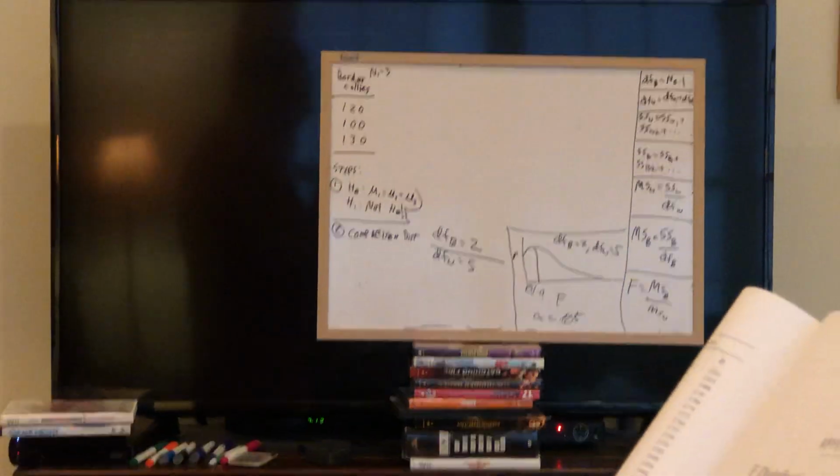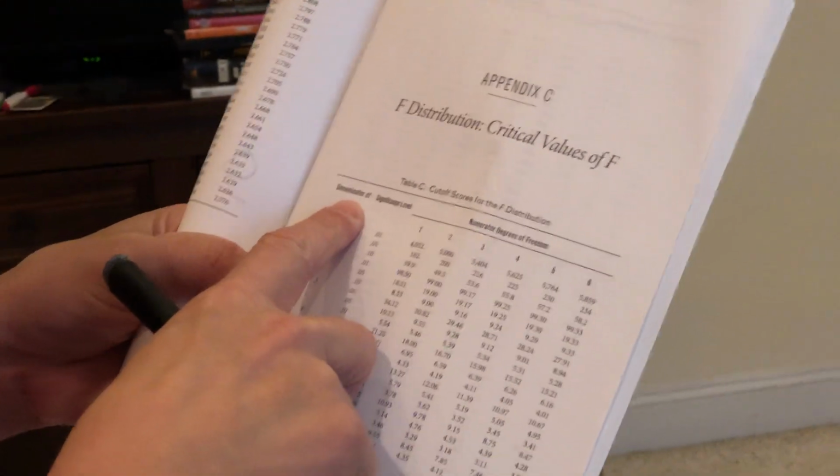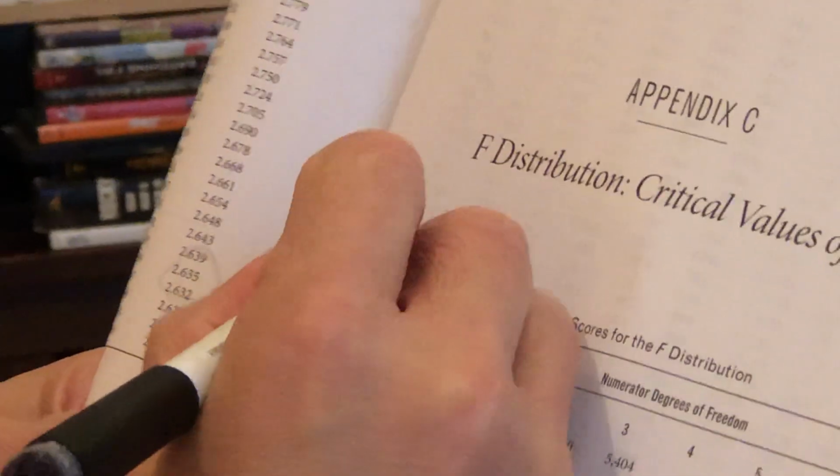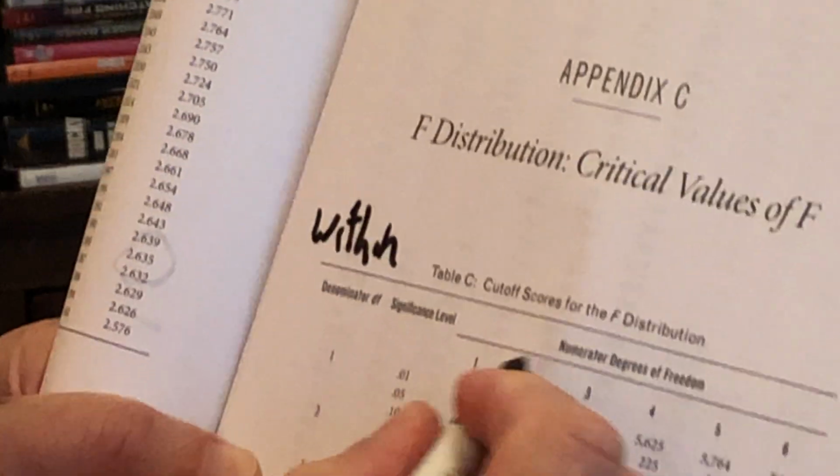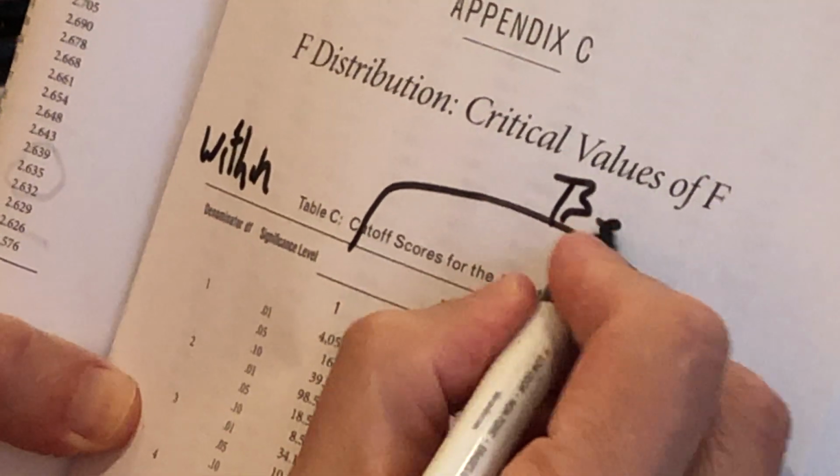So the degrees of freedom within is represented here, and the degrees of freedom between, the numerator degrees of freedom, is represented here. For the within degrees of freedom, we have 5. So I'm going to go to here.